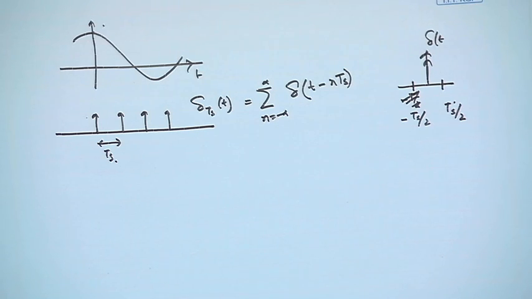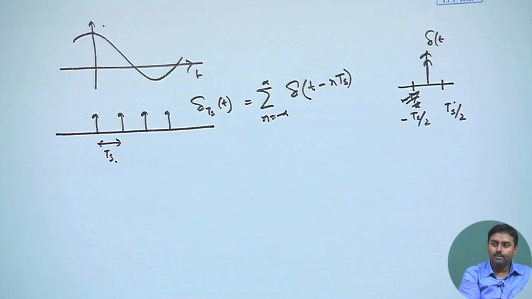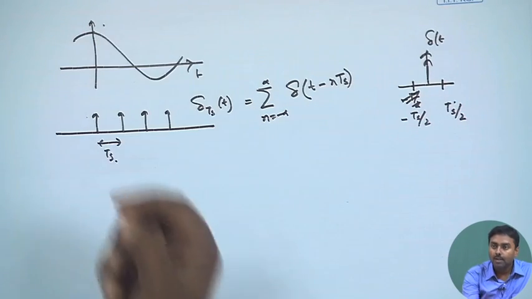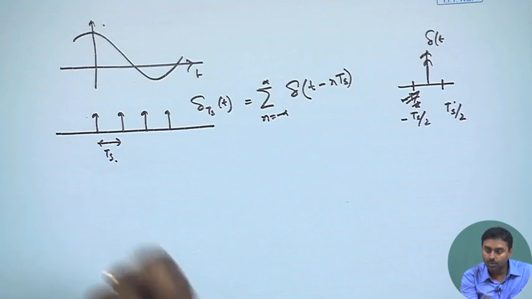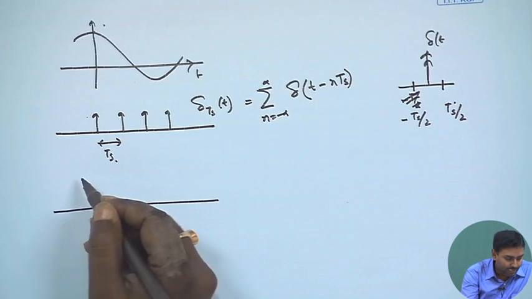We have already said that we want discrete values of the signal, so the sampling theorem says that we multiply these two. Whenever we multiply with a delta, it just picks the value at the point where the delta is defined. So it picks samples at those delta locations, and the output will be something like this.